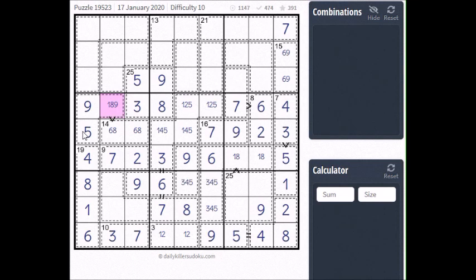This is 1, 2, 5, 1, 4. What do we have here? We have 3, 6, 7. So this is 6, this is 3, and here we have 7.